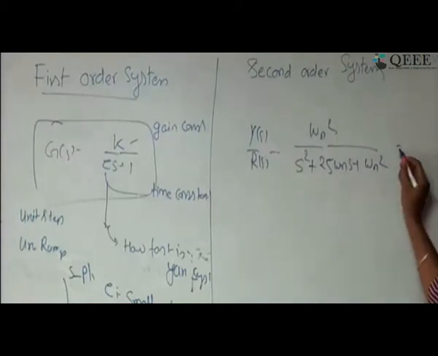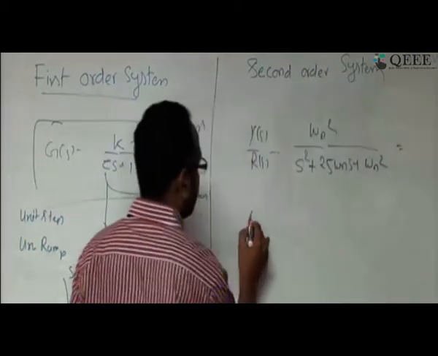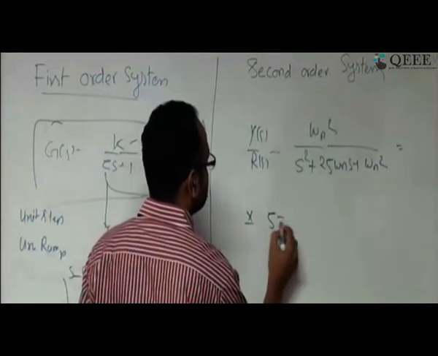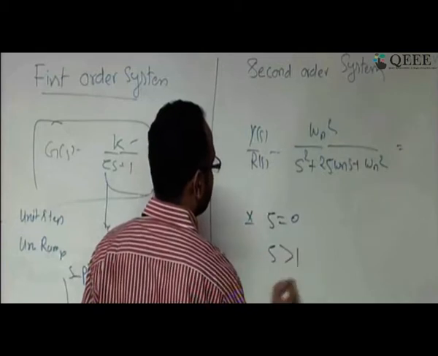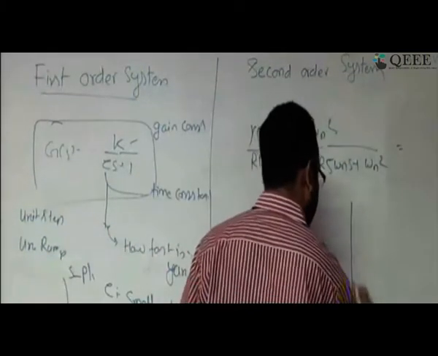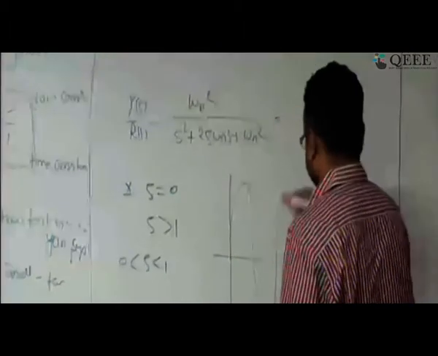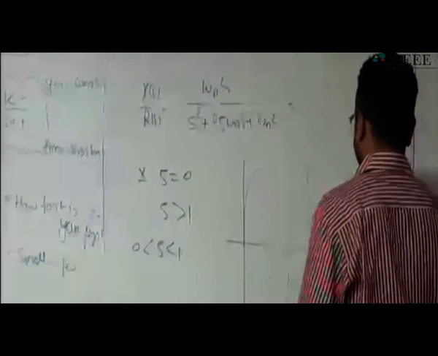Now that we have talked about it, we analyze the scenario for 3 cases: zeta equal to 0, zeta more than 1, and zeta between 0 and 1. For a standard input signal, if zeta equals 0, you get an oscillatory response.